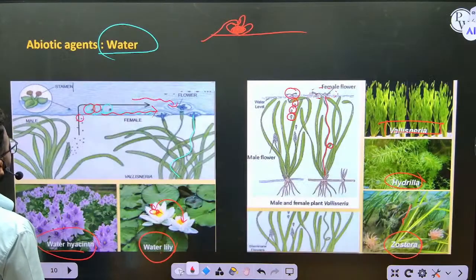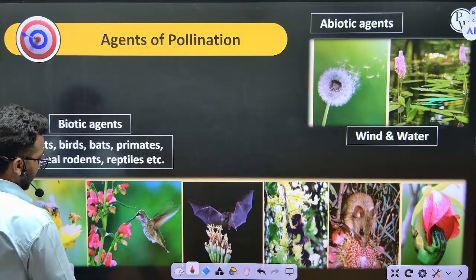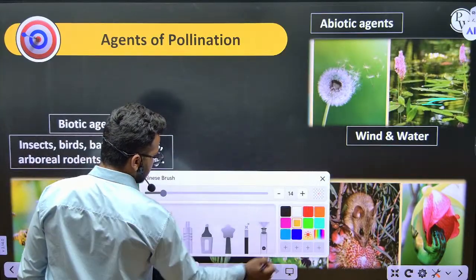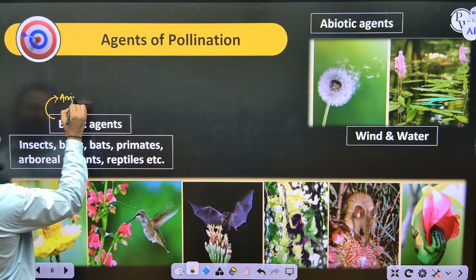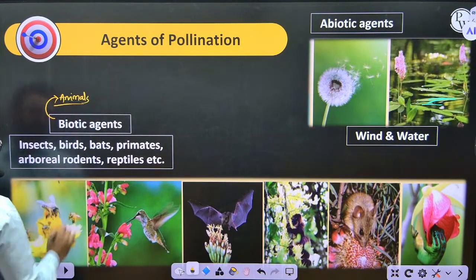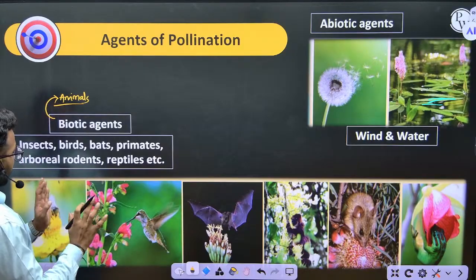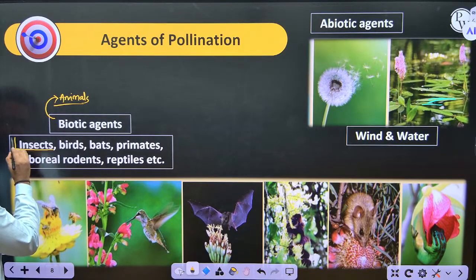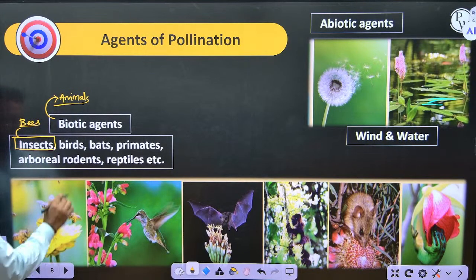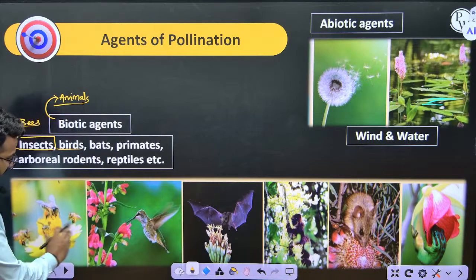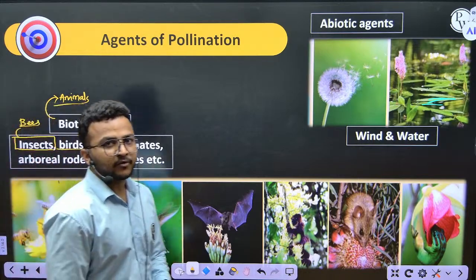Okay, next coming to biotic agents here. So biotic agents are nothing but animals. Animals are majorly insect pollinators, especially bees. Bees are the pollinators, and birds. There are different terminologies used here.